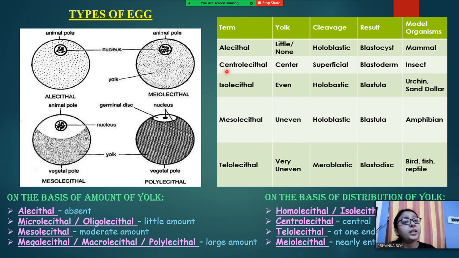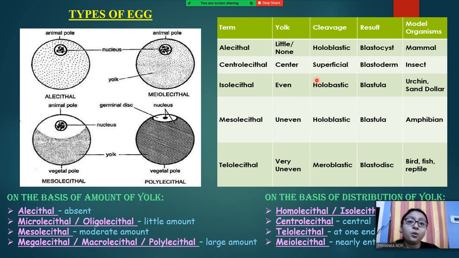Why does the mammal contain eggs with so little yolk? Because the development in case of mammals occurs within the body of the mother only. Since the placenta is responsible for transporting the nutrients and everything, the yolk is not so much required.